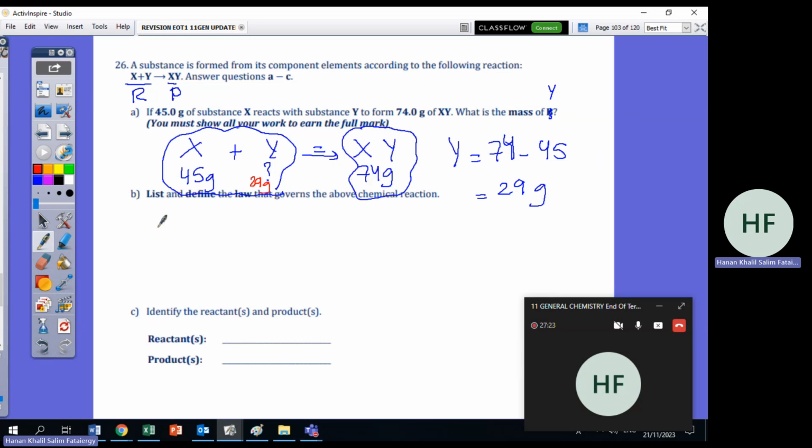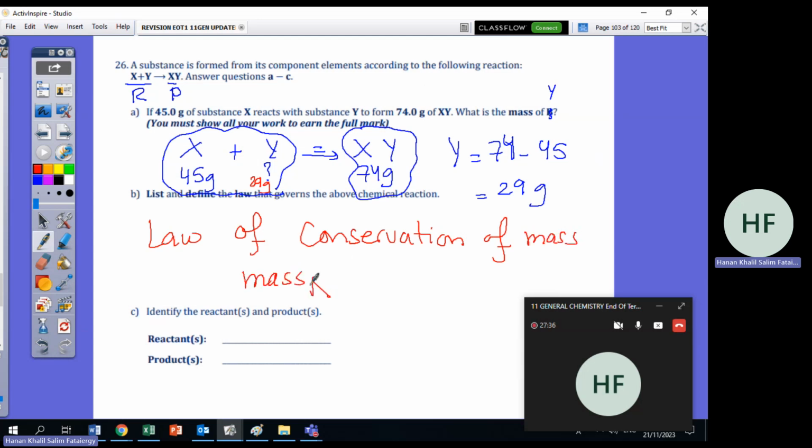State the law. This is the law of conservation of mass. Or you can say mass of reactants is equal to the mass of products. Now, what are the reactants? X plus Y. What are the products? It's XY.